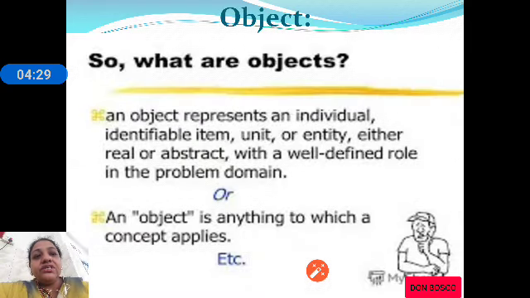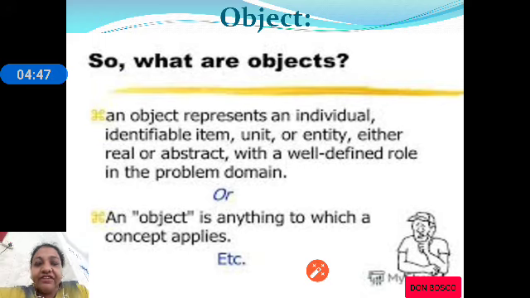Let us start with the term object. What are objects? Objects can be anything which we will be representing in the program. For example, if you decide to write a program to represent student information, then student is your object.